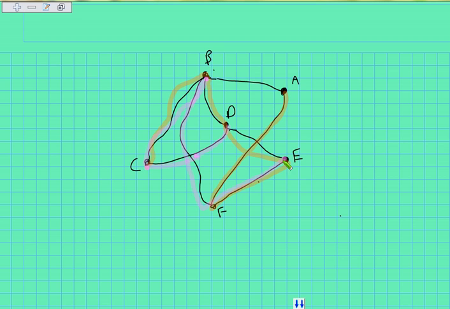We really want to get to A, but if we go up to D, now we're going to have to go back through and find a path such that we have to come back to B. So a lot of times when we're doing these Hamiltonian paths, there's a lot of trial and error involved.